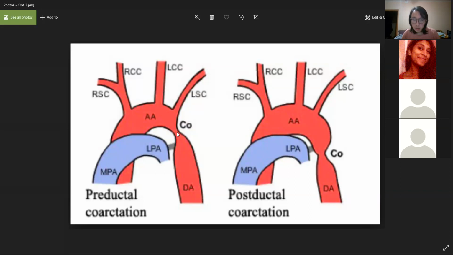Basically, what you see in adult congenital heart disease, you'll see in preductal coarctation as well, especially when your duct disappears. If it does not close spontaneously yet, it's still not that severe.